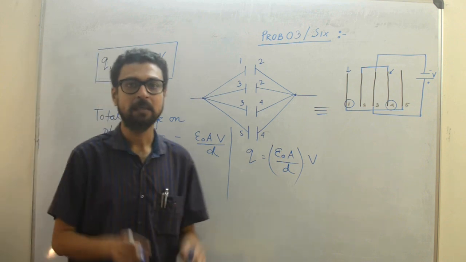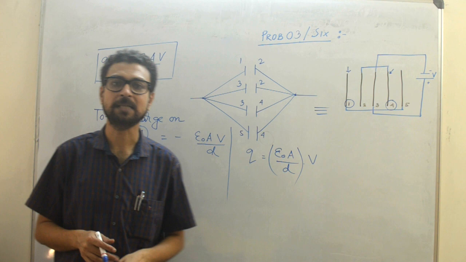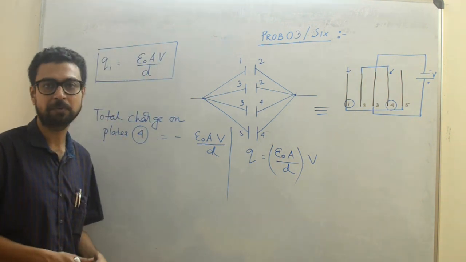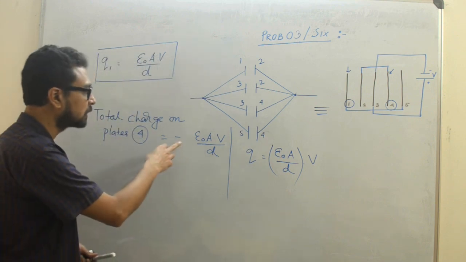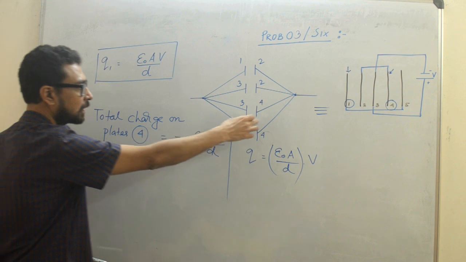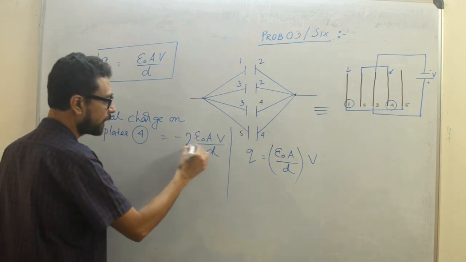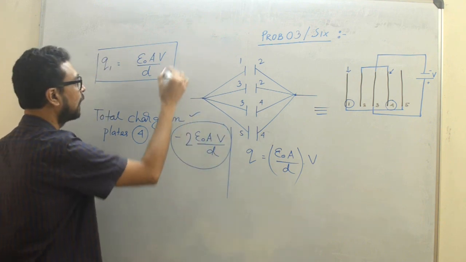Potential is V. Total capacitance this forming 5 4 or 3 4. It is epsilon naught A by D. So obviously the total charge for each individual plate number 4 is epsilon naught A by D, but it is negative because these are connected to the negative section. Alright, so total charge will be twice of this, and this is the final answer, this one and this one.